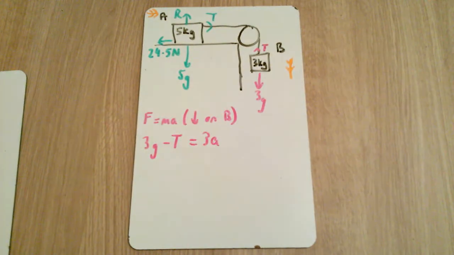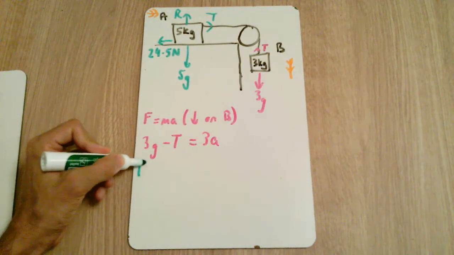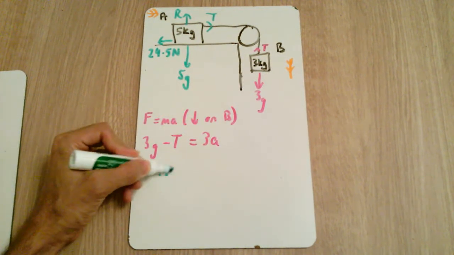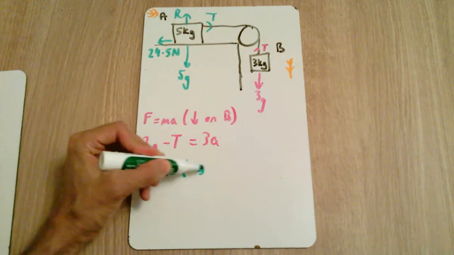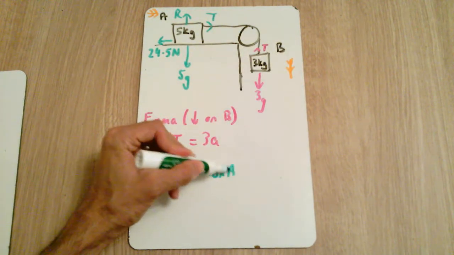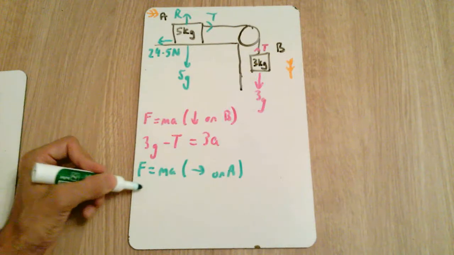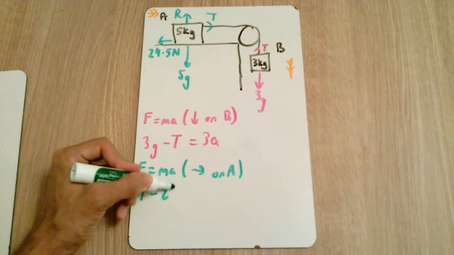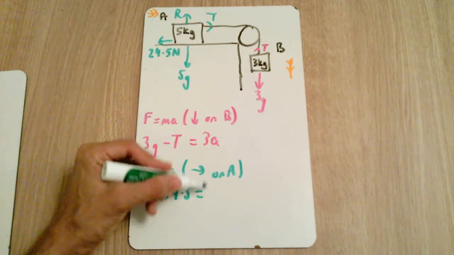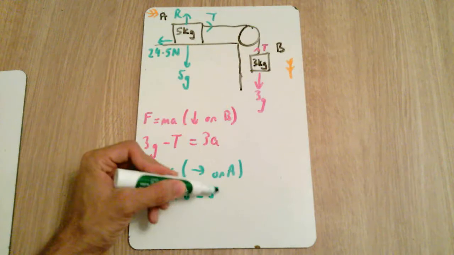That's equation number 1 with two unknowns, meaning we are going to be dealing with simultaneous equations. And then if we do F equals ma on particle A moving to the right hand side, on A, we obtain the equation T minus 24.5 is equal to the mass, which is 5a.